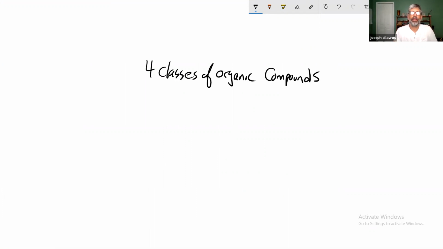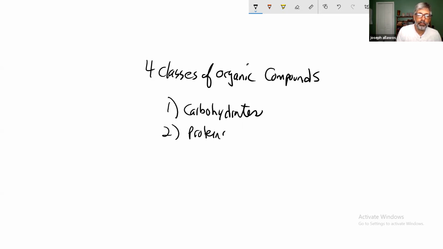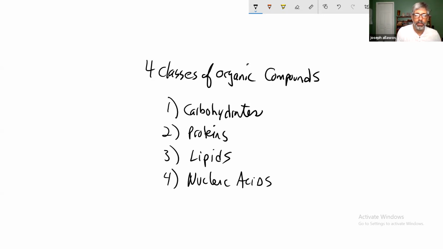Basically, all living things are made up of these 4 classes of organic compounds: carbohydrates, proteins, lipids, which include fats and waxes and oils, and the last one are the nucleic acids. So you're not going to want to walk into the next test without knowing these 4, and what you want to know about them is what are they made out of, where are they found, and what do they do. So there's a lot to know about these, okay?